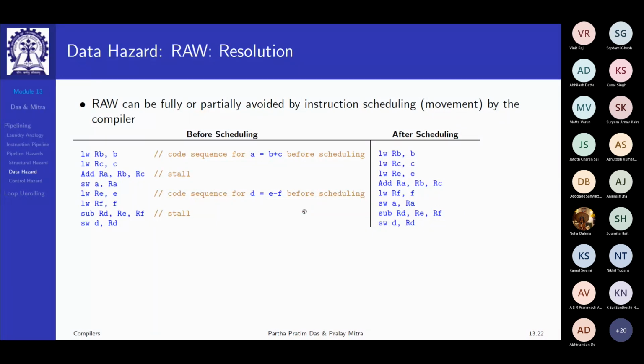Which makes sure that when you finally hit sub, your E and F have actually been loaded, and you will get rid of the stalls. So this is just a naive example.